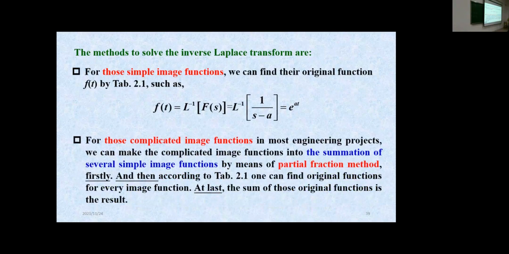For complicated image functions, like the previous complicated examples we just went through, in most engineering projects we can decompose the complicated image function into a summation of several simple image functions or commonly used functions by means of the partial fraction method first, and then according to the table, one can find the original function for every image function, and the sum of those original functions is the result.